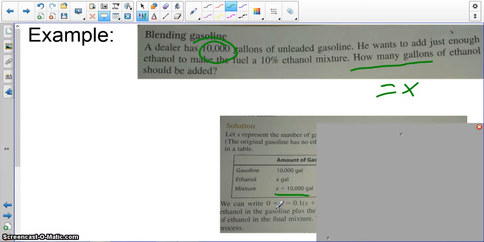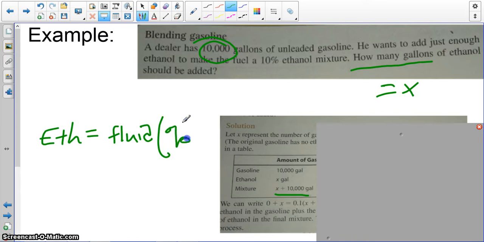Now, these are hard because there are a few steps to figure out what the equation even is that you then have to solve. One thing you have to realize is that the other thing that's adding up is the amount of ethanol. How do you figure out the amount of ethanol? The amount of ethanol is the number of gallons of fluid times the percent ethanol.